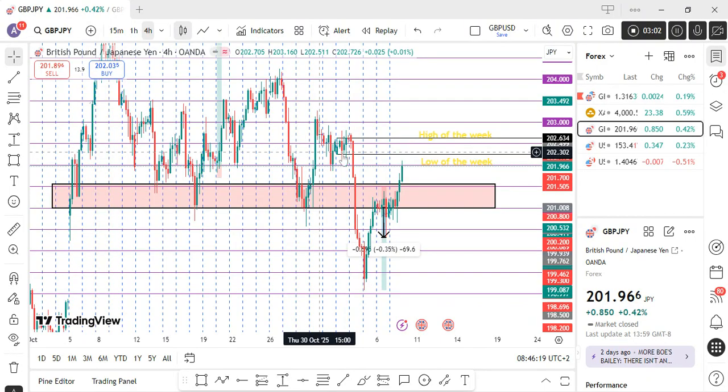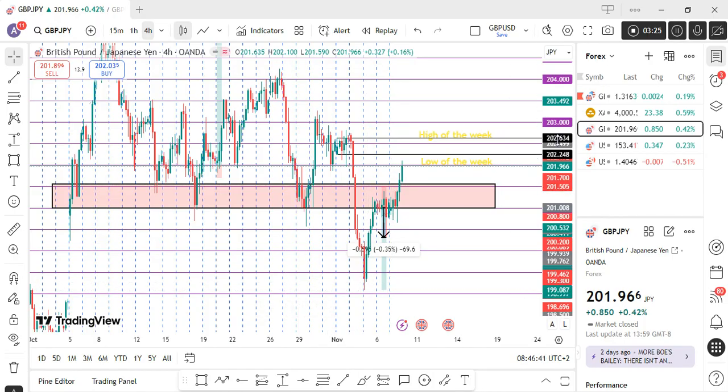Here is 50 pip movement. Here is another 50, that's 100 pip movement. Here is another 50, that's 150. There is 200, here is 250, and then here is 300. You can clearly say this one was, let's say, 340 pip movement.